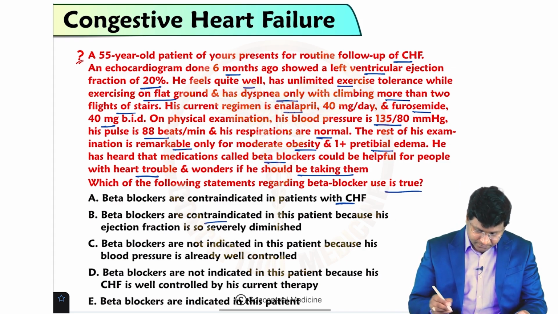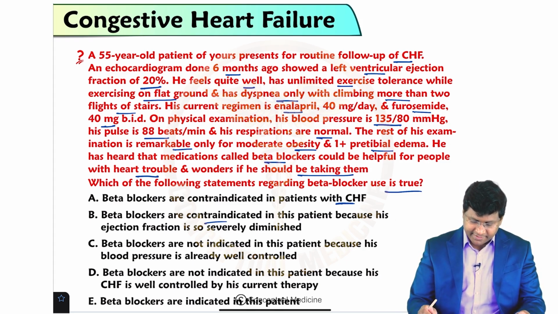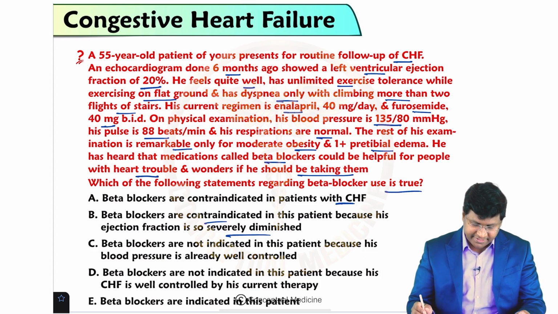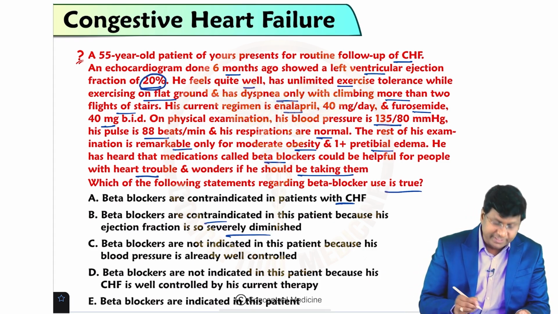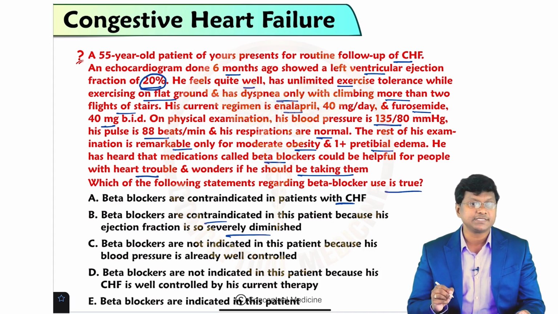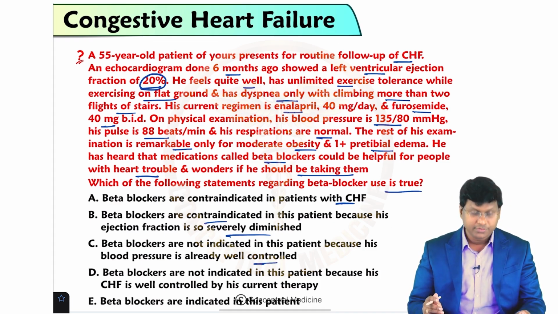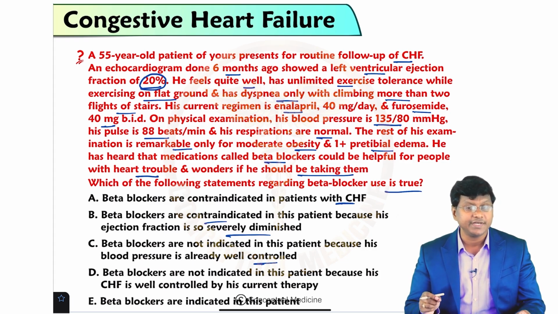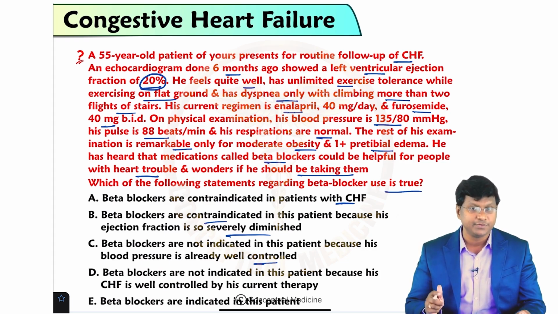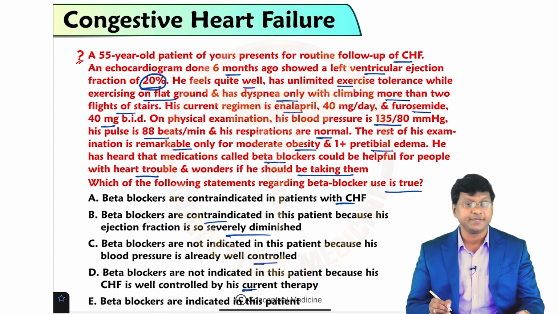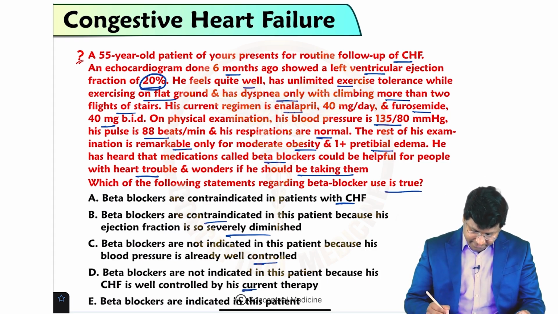Second option, beta blockers are contraindicated in this patient because his ejection fraction is so severely diminished. How much is the ejection fraction? 20%. Third option, beta blockers are not indicated in this patient because his blood pressure is already well controlled. Fourth option, beta blockers are not indicated in this patient because his congestive heart failure is controlled by his current therapy. And fifth option, beta blockers are indicated in this particular patient.